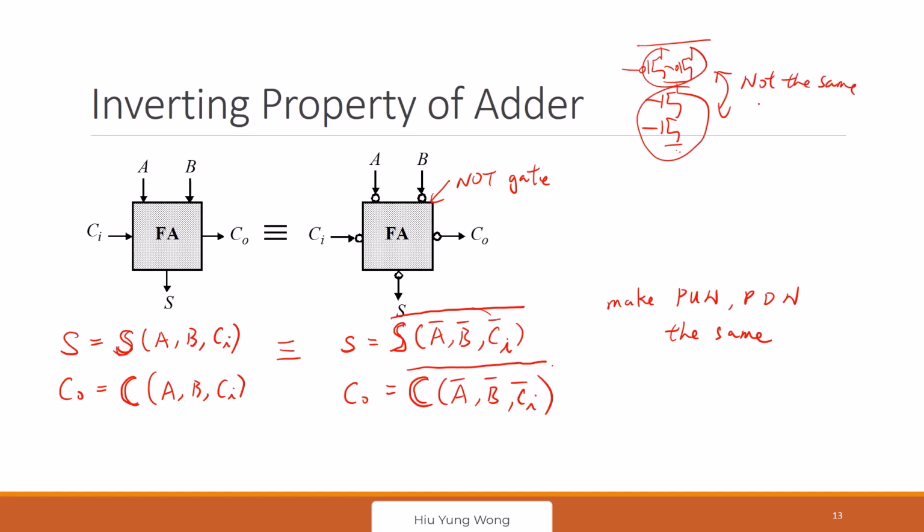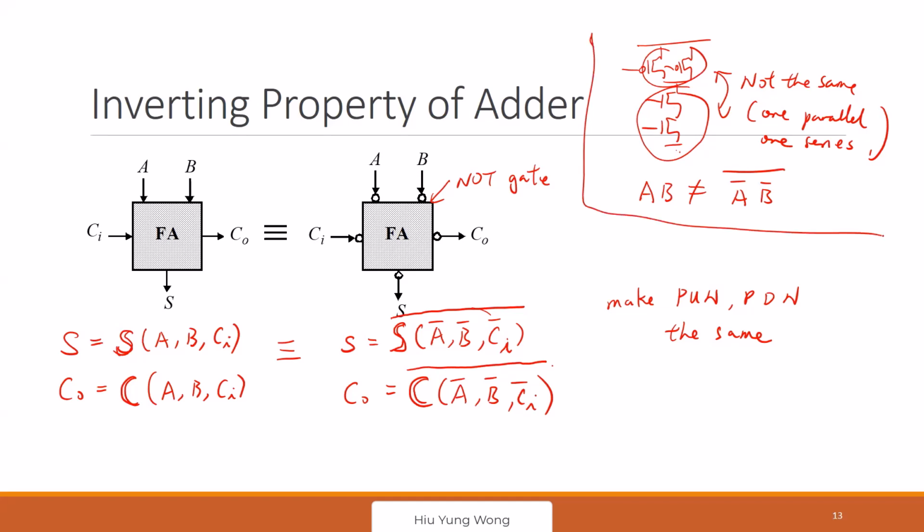Right? One parallel and one series. But if you have this plot, that is because for a NAND gate, (A·B) not equals the bar of log A, log B, and then take a bar. Okay, that is because of this.